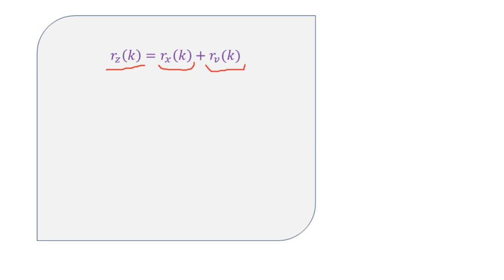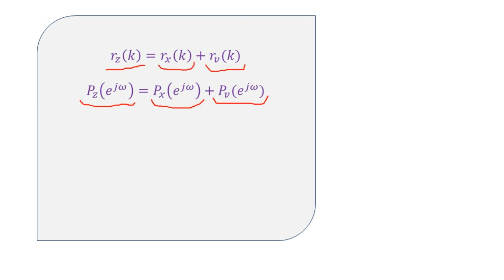So from the autocorrelation sequences, we can also find the power spectrum, as we know that the power spectrum is nothing but the Fourier transformation of the autocorrelation sequences. So from this equation we can also write, for determination of the power spectral density of the z of n random process, P suffix z as a function of e to the power j omega, the addition of the power spectral densities of the random processes x of n and v of n.